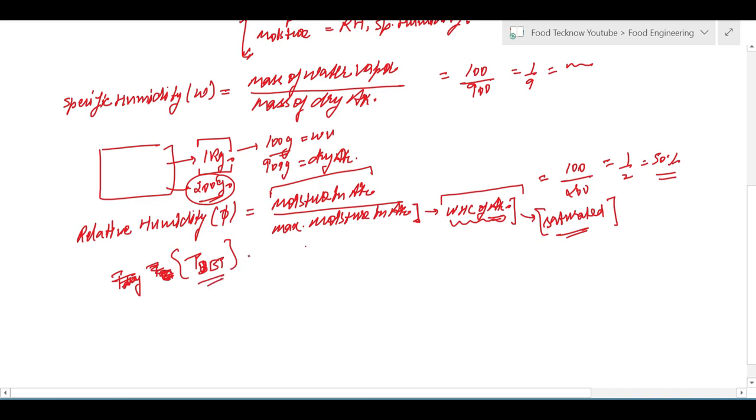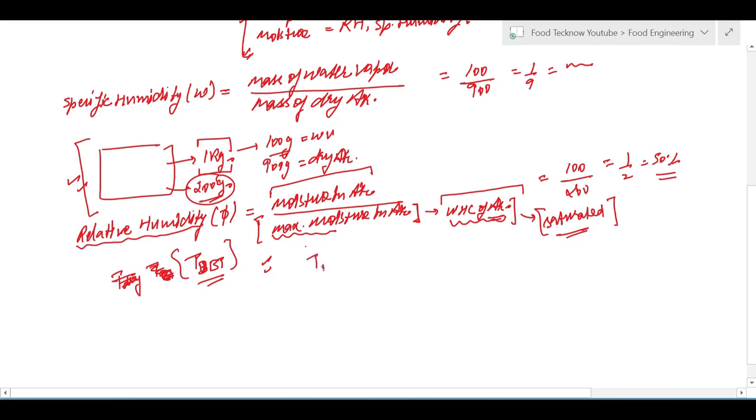So if I increase the dry bulb temperature of the room or the chamber that we are considering here, then obviously the water holding capacity of the air will increase. ठीक है, अभी जब किसी भी रूम का जब टेम्परेचर बढ़ाया जाता है जिसको हम कंसिडर कर रहे हैं, तब क्या होगा कि जो उसकी वाटर होल्डिंग कैपेसिटी है वो इंक्रीज हो जाती है, जिस वजह से the denominator will increase. It means the relative humidity will come down.